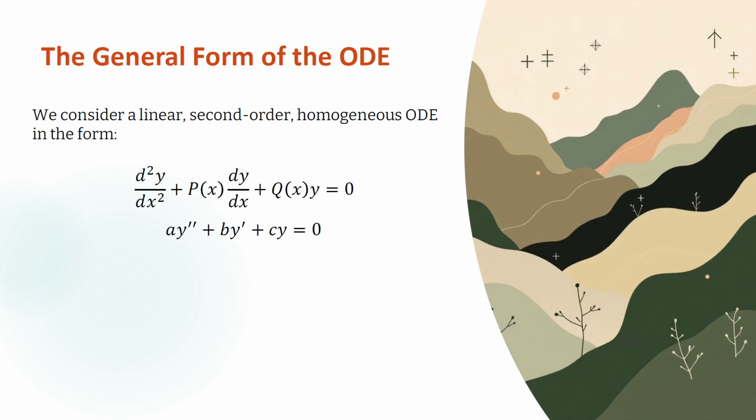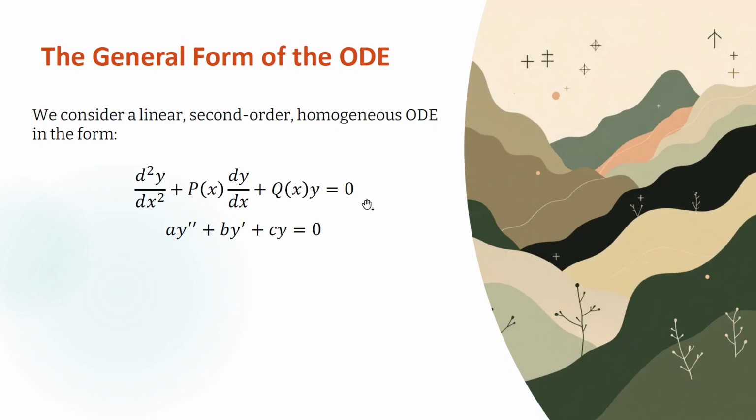Now, the general form of a linear second order homogeneous ODE is given by this equation. We have d squared y with respect to x squared, where y is the dependent variable and x is the independent variable, plus p(x) times the first derivative of y with respect to x, plus q(x) times y, equal to 0.